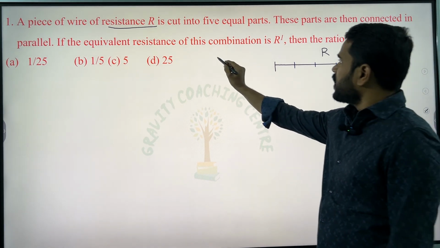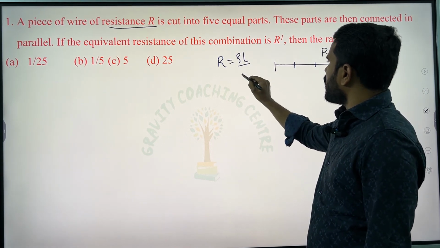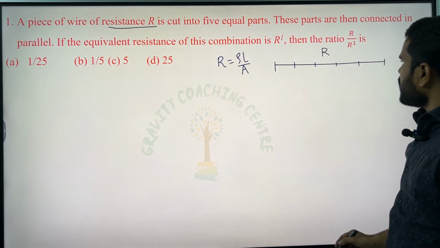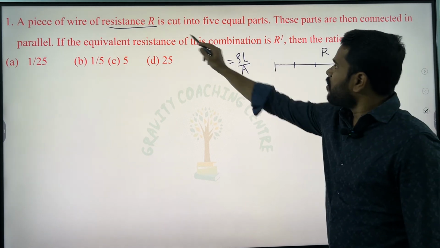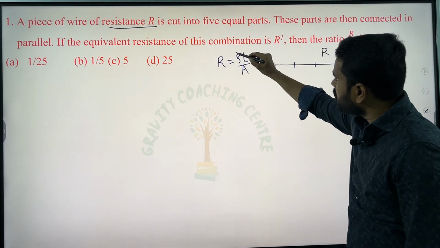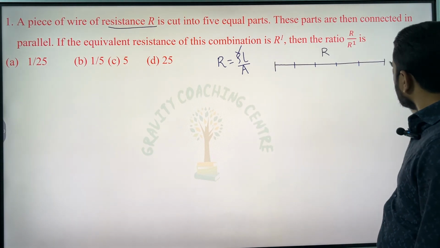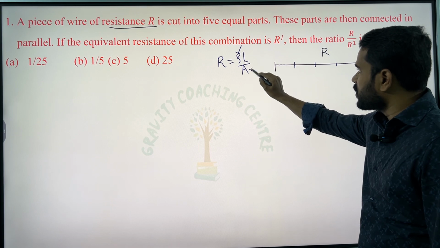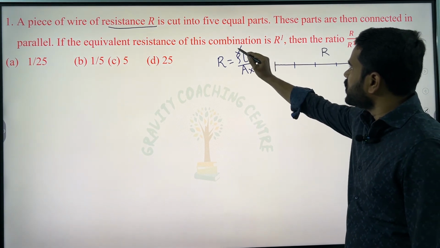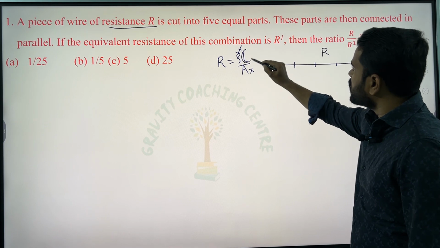We know that resistance R is equals to rho L by A, and here we have got a same kind of material throughout, so resistivity will remain same, and area of cross section also we have not changed anything. So this will also not change. Only thing that will change is the length.